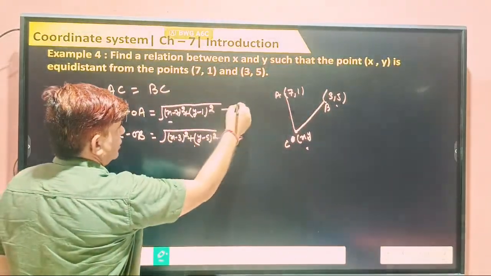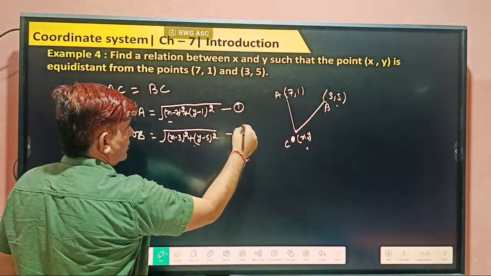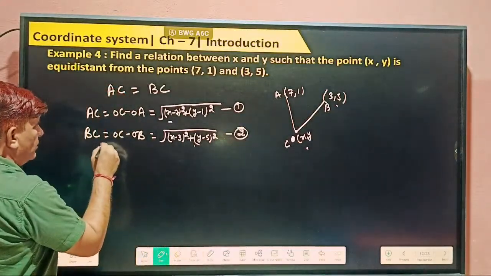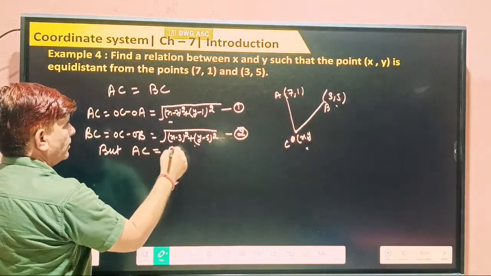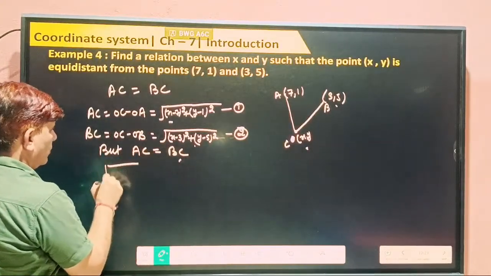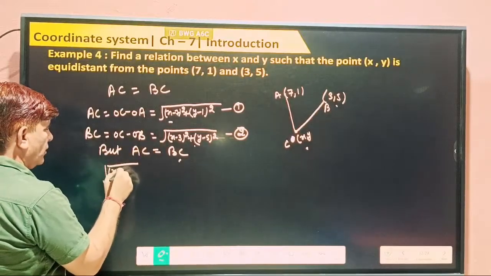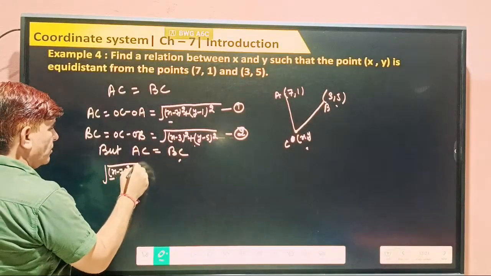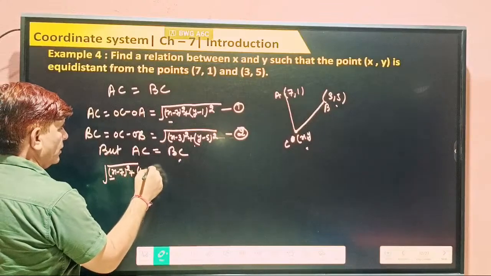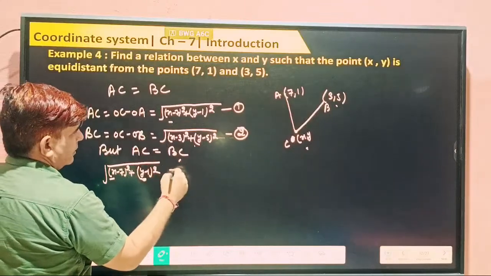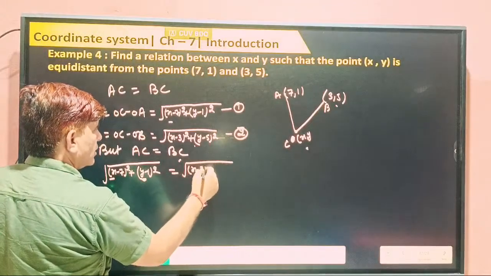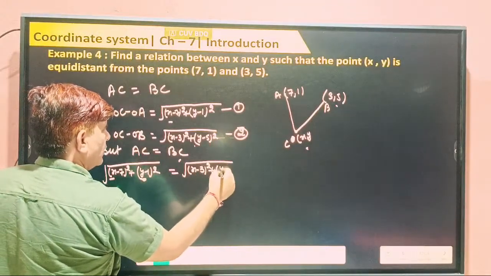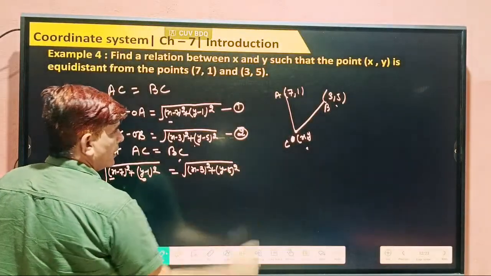So this is first, this is second, but AC equals BC. Therefore, under the root x minus 7 whole square plus y minus 1 whole square is equal to under the root x minus 3 whole square plus y minus 5 whole square.